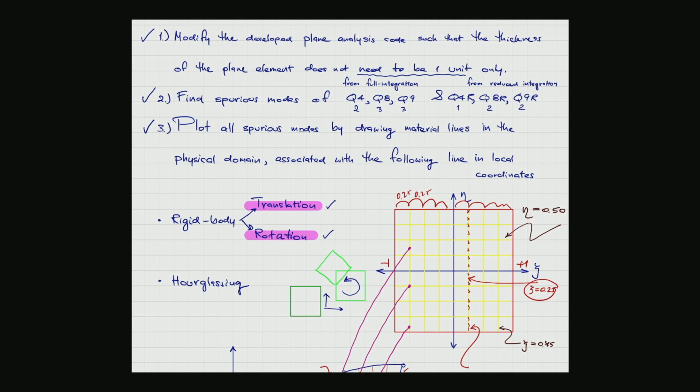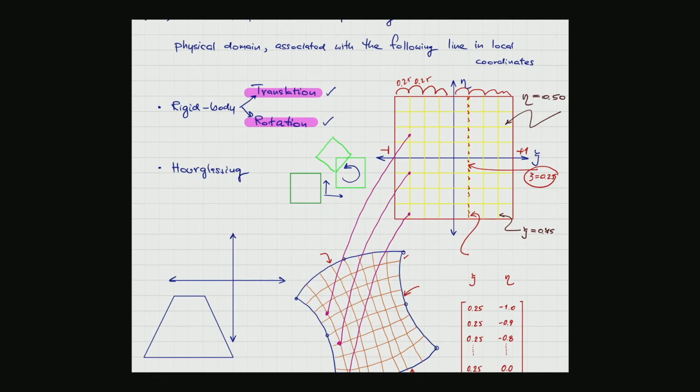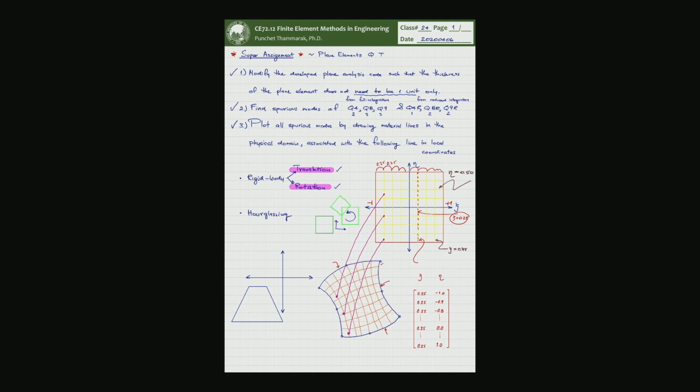By the way, there's a good reason to call this one a super assignment, because if we look into it, Q4 contains 8 degrees of freedom. Your matrix is 8 by 8. How many eigenvalues do you have?